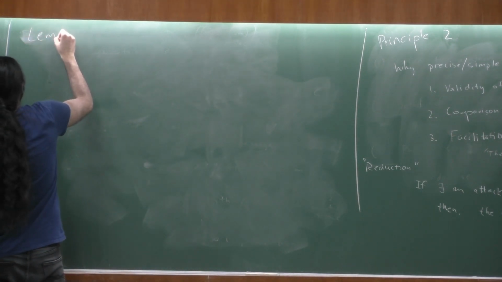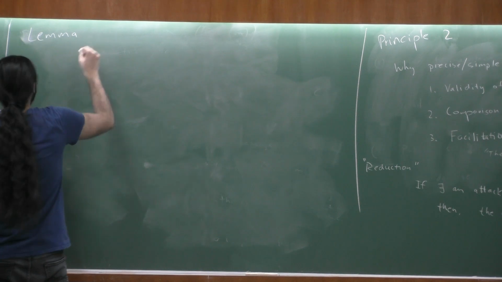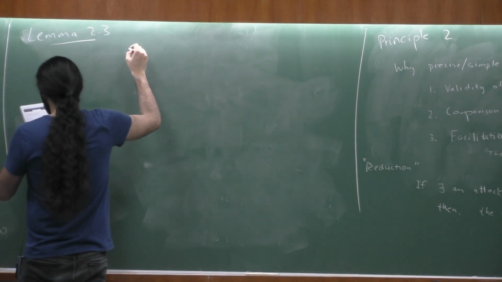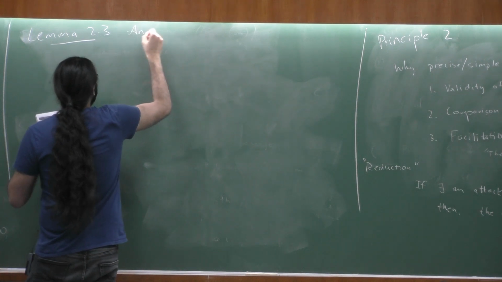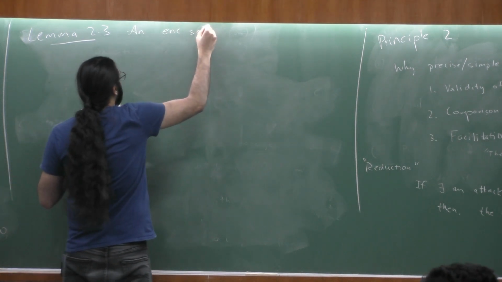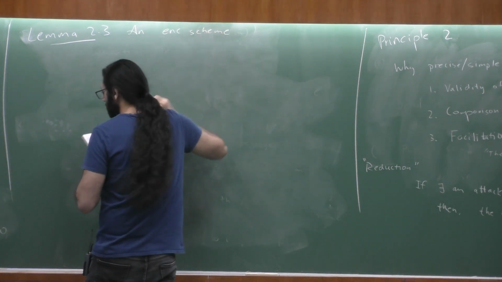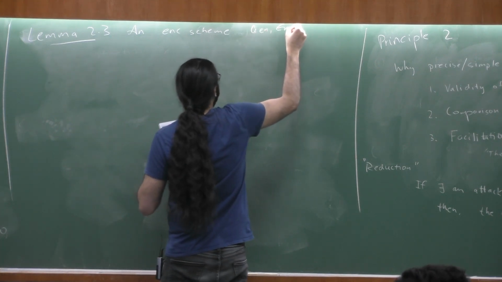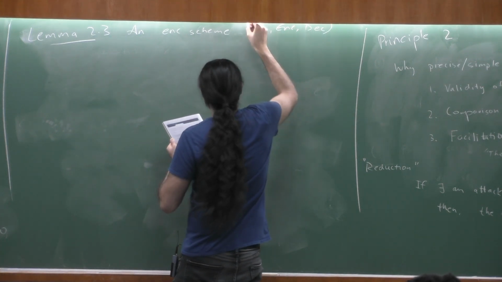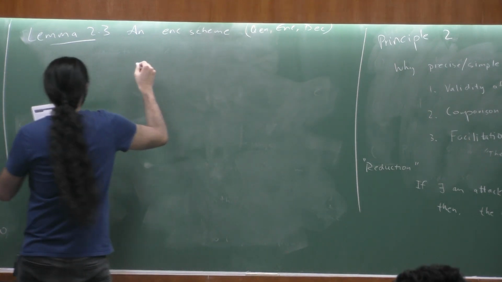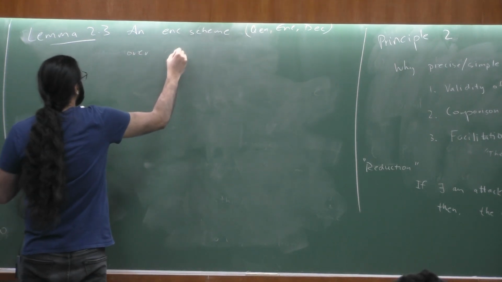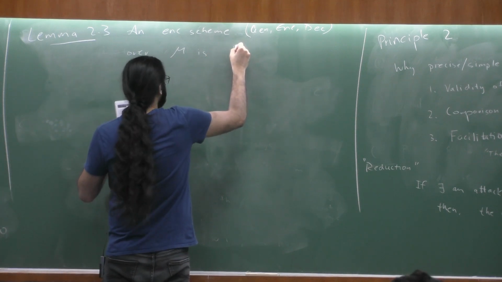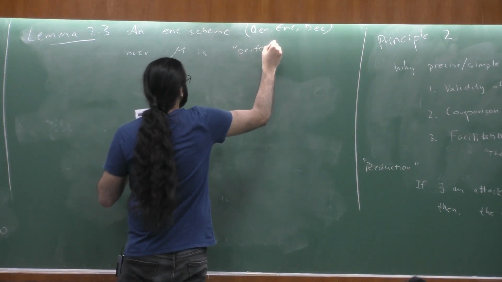Then we have a nice lemma, which just follows from Bayes' theorem, but says the following. An encryption scheme Gen, Enc, Dec over M is perfectly secret.